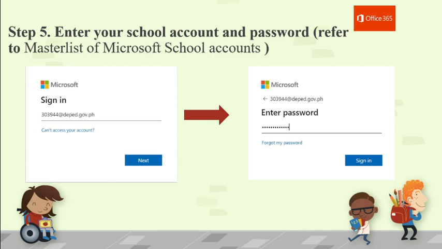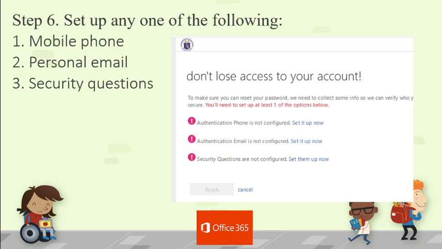So sign in and then enter the password, refer to the master list for the password, and then click sign in. Once you have signed in, it will ask for you to access any of the following. First is your mobile phone. You have to enter the mobile phone and then click text me.